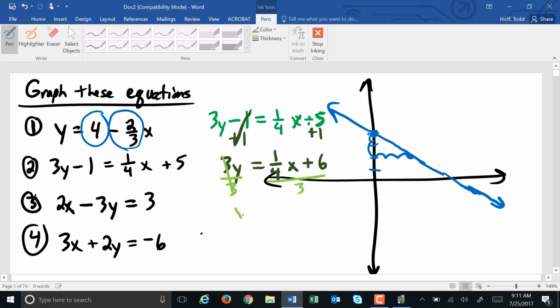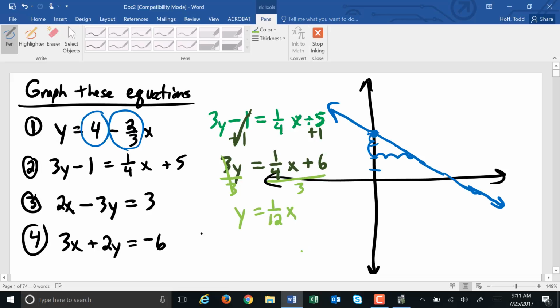Perfect. So y equals, now when we multiply or divide, we have to multiply or divide every term in the equation. 1/4 x divided by 3 is kind of tricky, but all we have to really do is 1/4 divided by 3, which is 1/12. So that's 1/12 x.